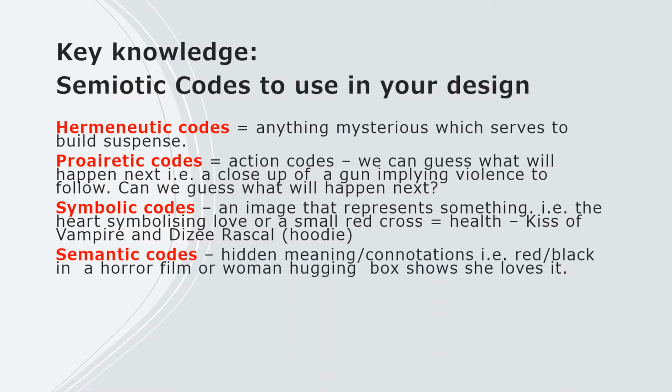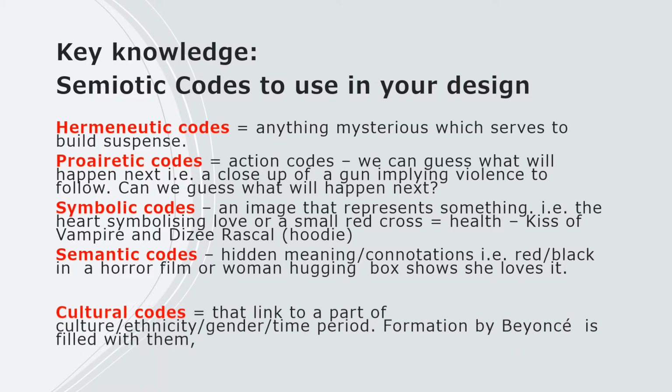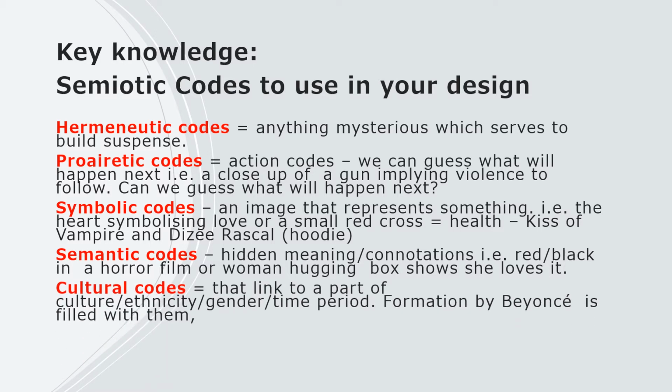Semantic codes, which is a way of encoding thinking or meaning to any object or design you choose. And cultural codes, which is where you link your object or your set or your design to the culture, ethnicity, gender or time period your film or TV series comes from.